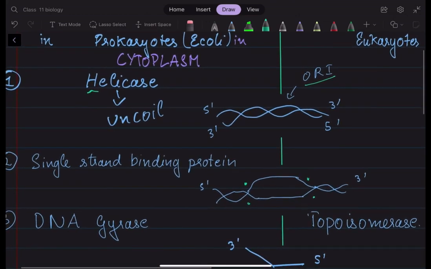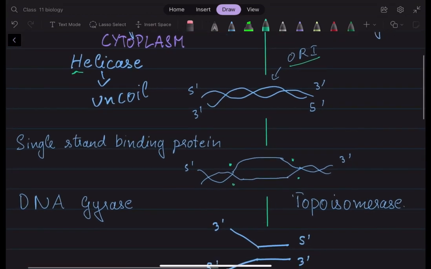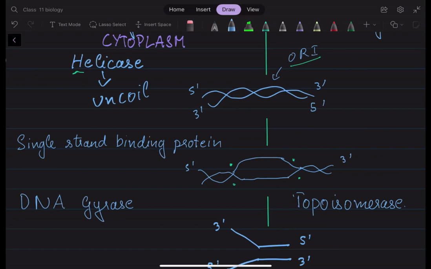To keep the DNA unwound, we have single strand binding protein. But we have another problem here. Whenever we unwind something in the middle and not at the end, supercoiling of the other parts is seen, that is in these parts.